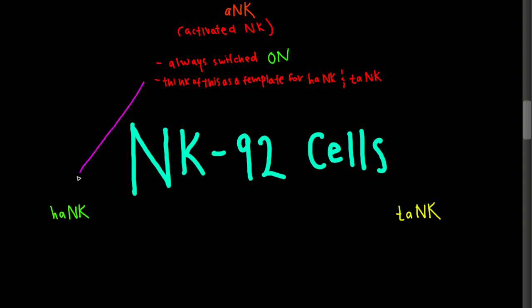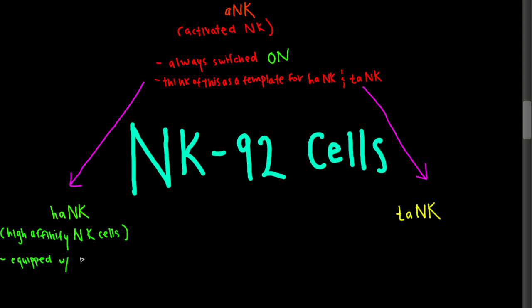We'll first go over HANK cells, also known as high affinity natural killer cells. These HANK cells have a cluster of differentiation molecule on their surface, also called CD16 receptors. So, remember how I said that NK cells are only able to attack host cells that have low levels of affinity?